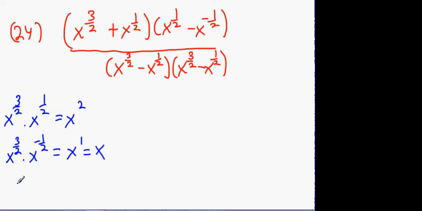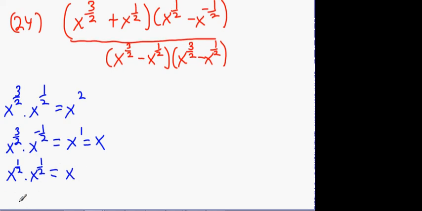What is x to the half multiplied by x to the half? X to the 1. Finally, what is x to the half by x to the minus a half? X to the 0, which is 1.